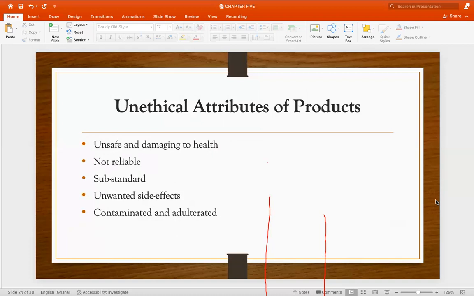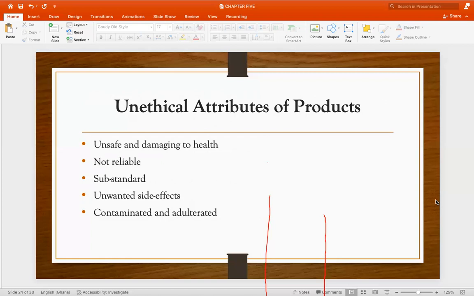So now, some unethical attributes of the products. First, unsafe and damaging to health. Products should be safe. So any manager who engages in unethical attributes that have to do with the products, the resultant effect is unsafe products and health issues that may come up. The product may not be reliable.